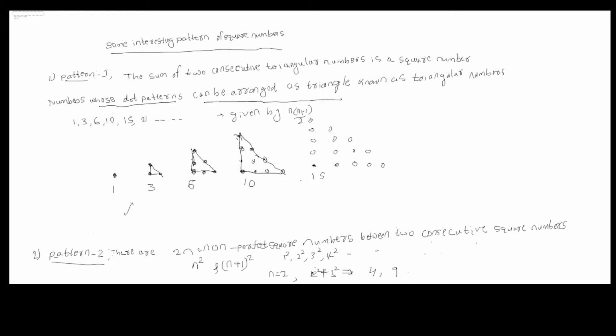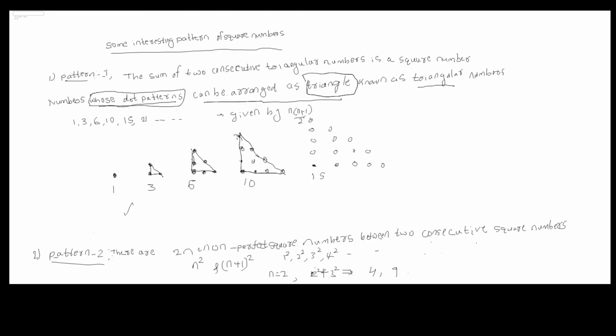Like this we can arrange them, whose dot patterns, this is important, whose dot patterns can be arranged as a triangle. Therefore, this is called triangular numbers.